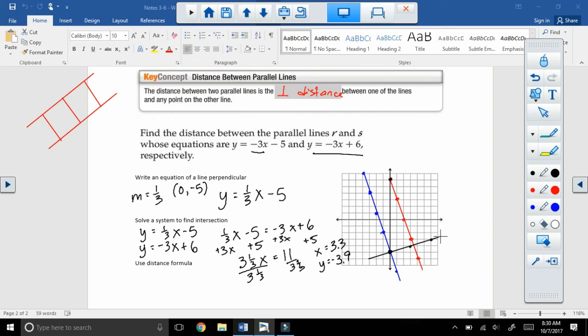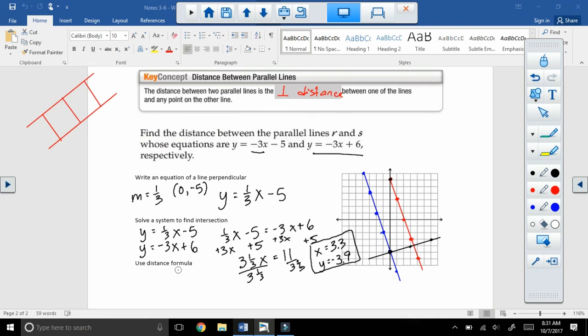So this is what I meant by sometimes you'll be able to tell exactly where it is and other times you won't. You can kind of eyeball this. This looks like it's about at 3.3 and then down 1, 2, 3, almost down there to 4. But without actually solving that system of equations, you're not going to know what that is.